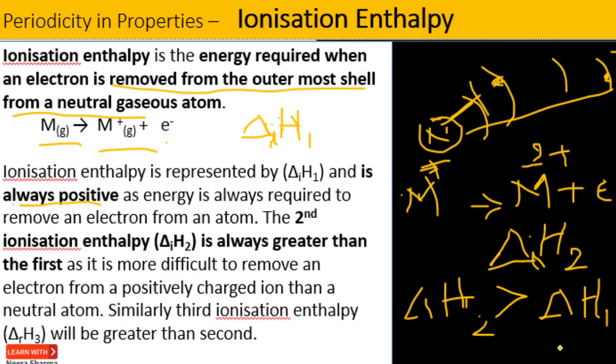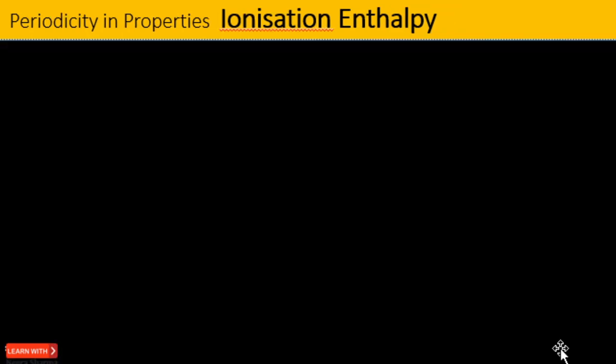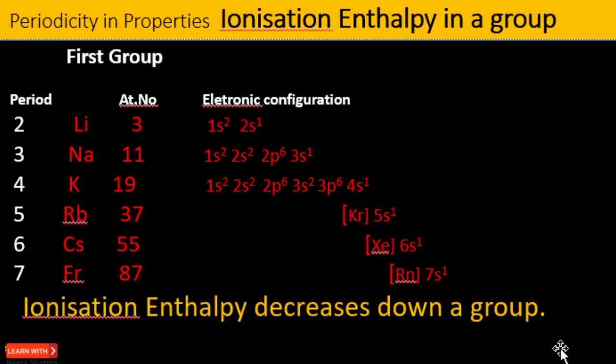Now let us see what happens to ionization enthalpy as we move down a group. As we go down a group, let's say the first group, the atomic size is increasing. So if the atomic size is more, what happens? We are removing an electron from a shell which is away from the nucleus.